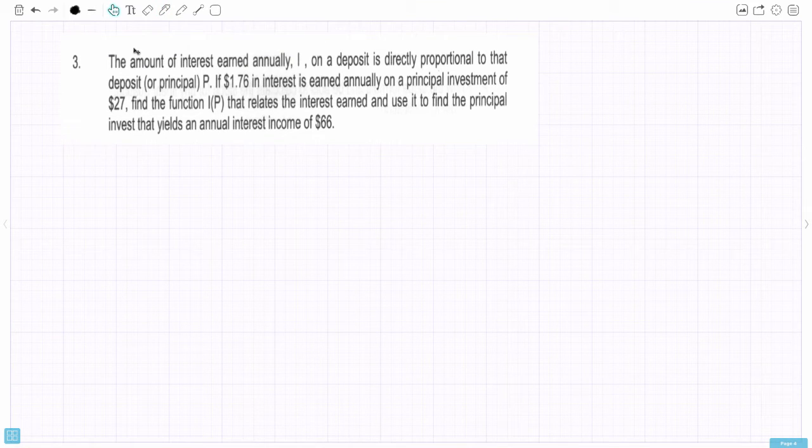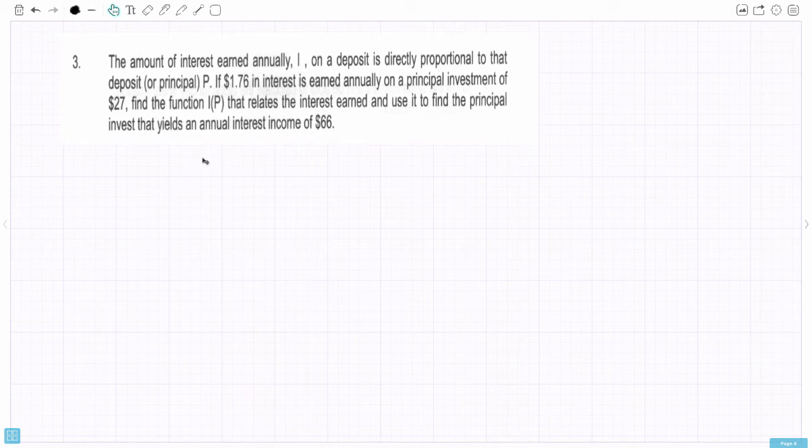Okay, number 3 says the amount of interest earned annually, I, on a deposit is directly proportional to that deposit, or principal, P. If $1.76 in interest is earned annually on a principal investment of $27, find the function I of P that relates interest earned and use it to find the principal investment that yields an annual interest income of $66.